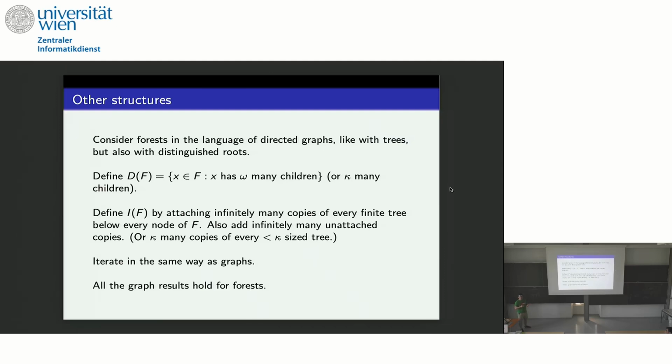So presumably, there will be other classes that one could do this sort of argument for. Not Boolean algebras. The problem is that Boolean algebras have very few definable subsets.